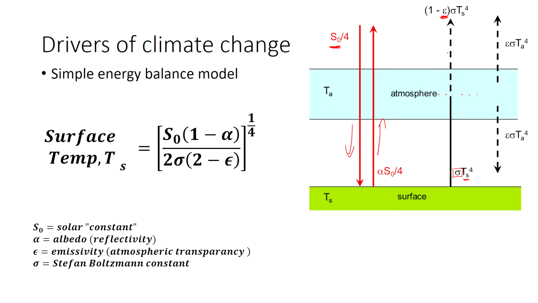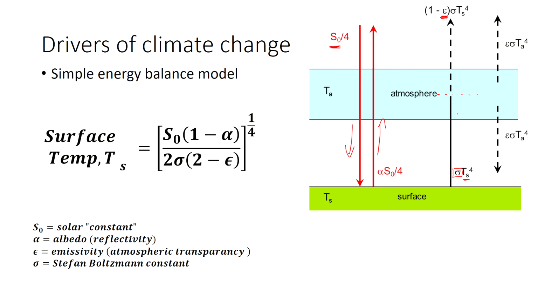So the amount that escapes up into the atmosphere is the amount emitted from the surface minus the proportion absorbed by the atmosphere. This epsilon is basically the opaqueness of the atmosphere, how much it doesn't let light through effectively. So that energy that's not let through has to be absorbed by the atmosphere.